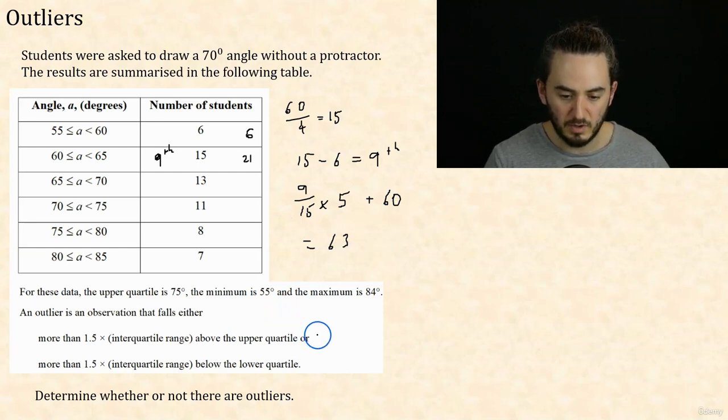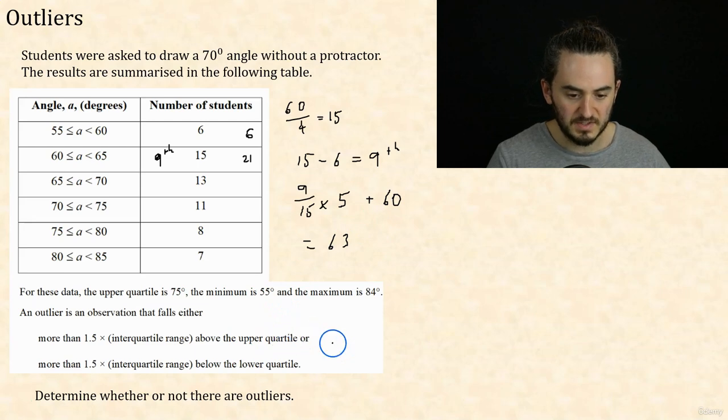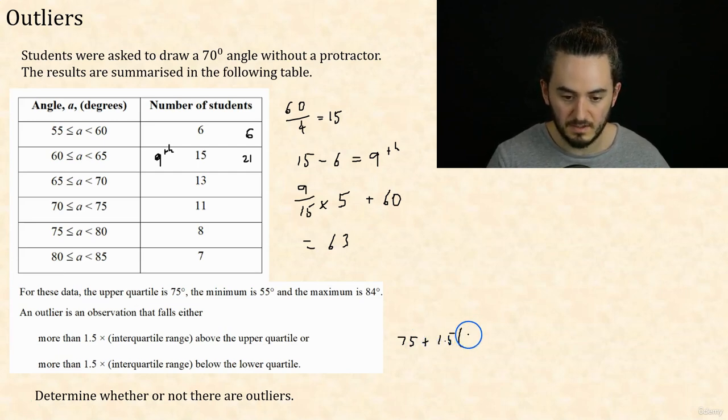All right, let's see what these bounds are. So the upper bound is going to be the upper quartile, which we're told is 75, plus 1.5 interquartile ranges. Now the interquartile range is the upper quartile, 75, minus the lower quartile, which we just estimated to be 63. What is that?